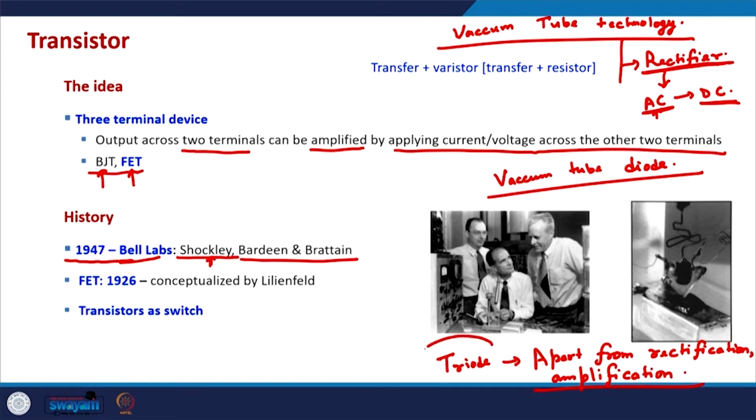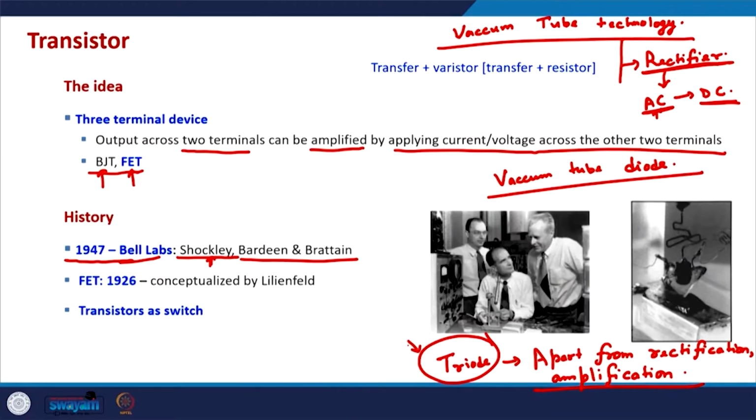The triode was a 3-terminal device, and the current between 2 terminals could be controlled by applying a voltage or electric field on the 3rd terminal, and this is actually the precursor to transistors.